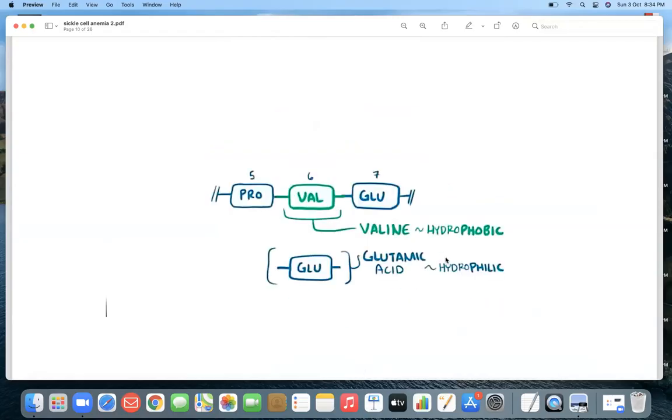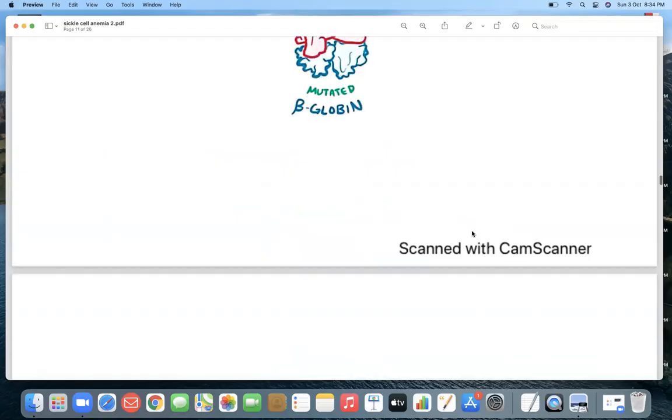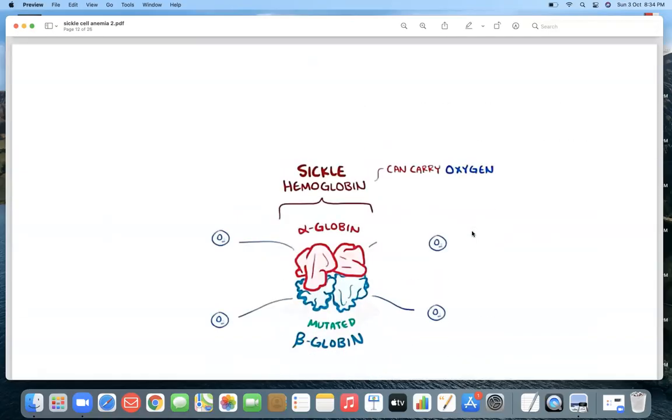Here, glutamic acid is hydrophilic, meaning it attracts water. Right? Valine is hydrophobic. They are opposite in their action. Okay. This is regarding sickle cell you are talking about? Yeah, we are talking about sickle cell only.